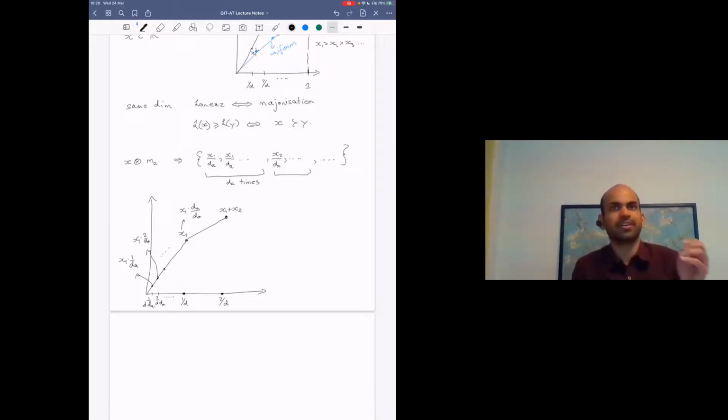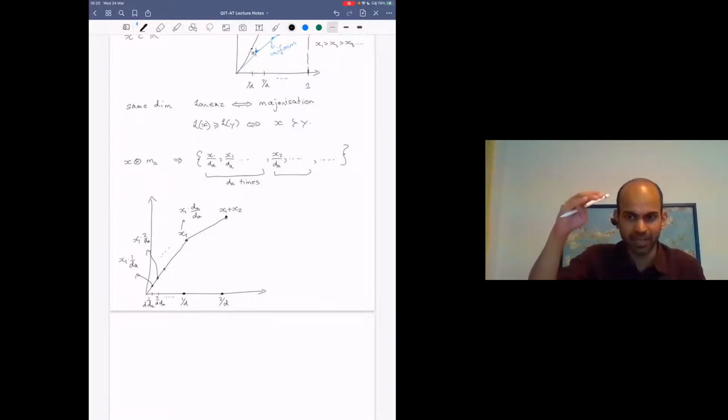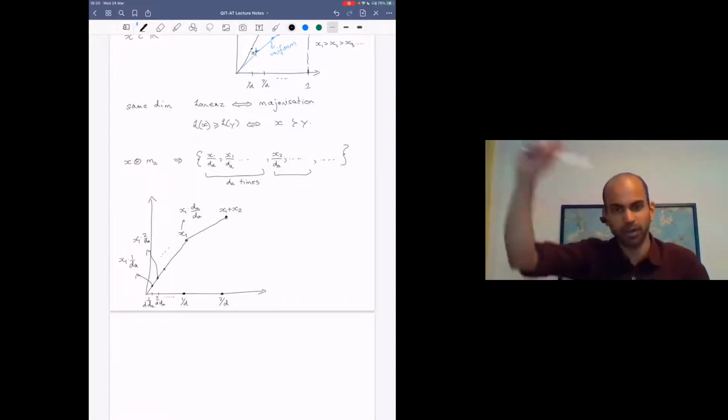So what you see is that appending a uniform distribution, all that it does is keep the same Lorenz curve. It simply divides every line segment in your original Lorenz curve by the dimension of the uniform distribution you've appended and adds points according to that.